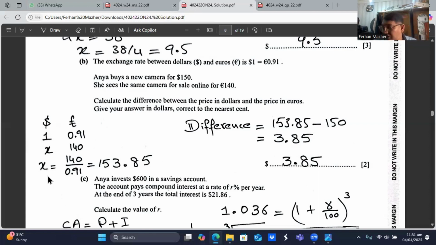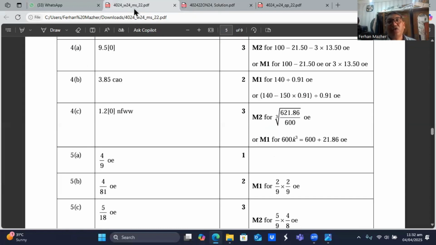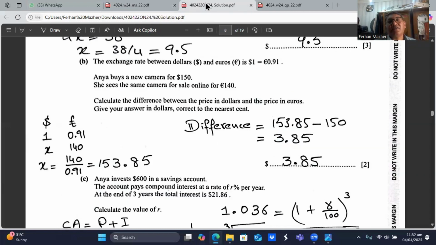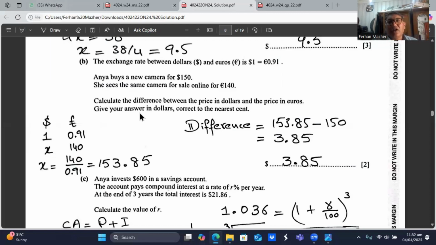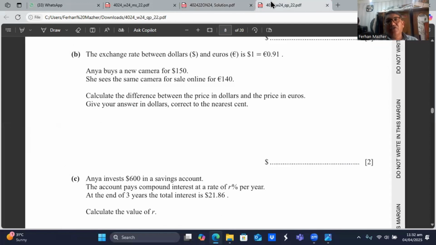So the difference between these prices is 153.85 minus 150, which is $3.85. $3.85 is the right answer, so our answer is right. Okay, we are going to the next part.